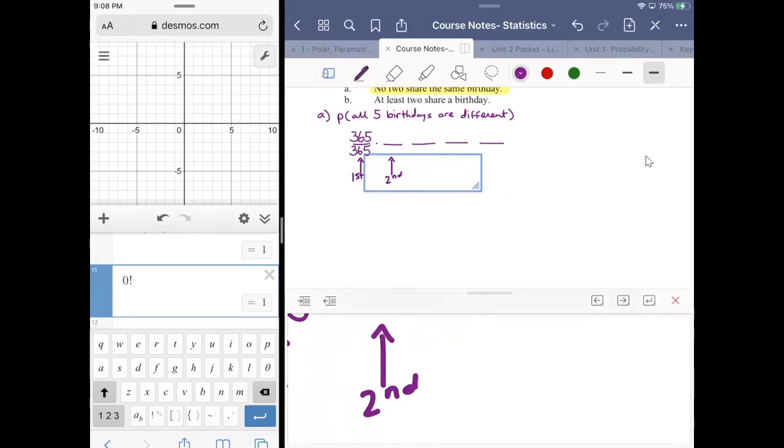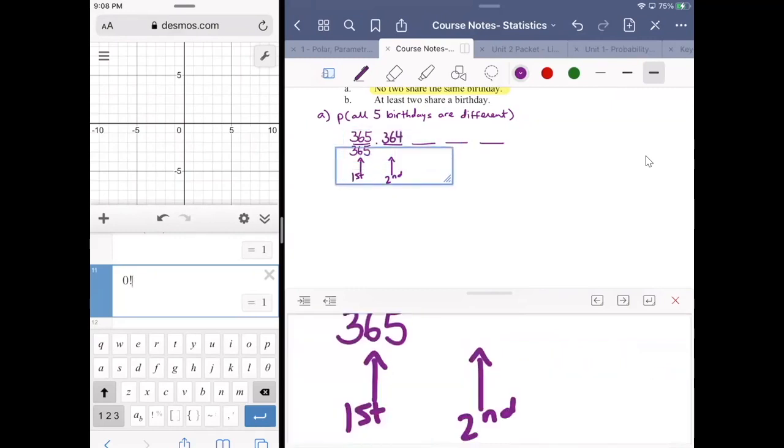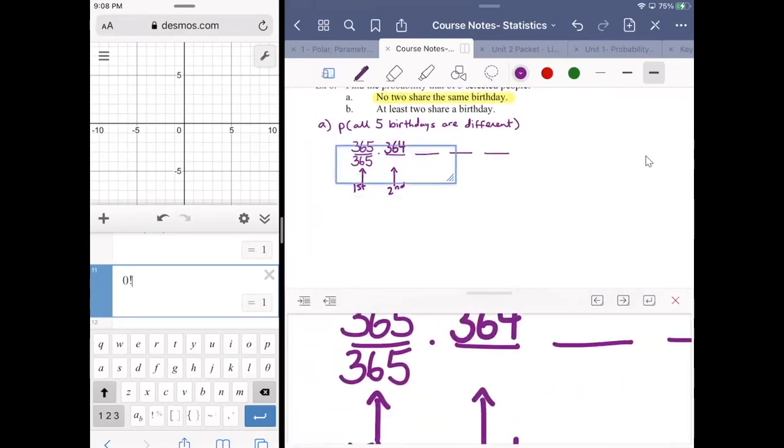All right. So let's say the first person is born on January 1st. And we're not talking about like the year of birth, just the day. So that the second person could be born on any day other than January 1st, which means that they have 364 days to play with out of a total of 365.